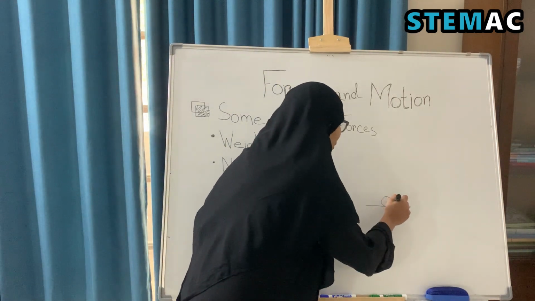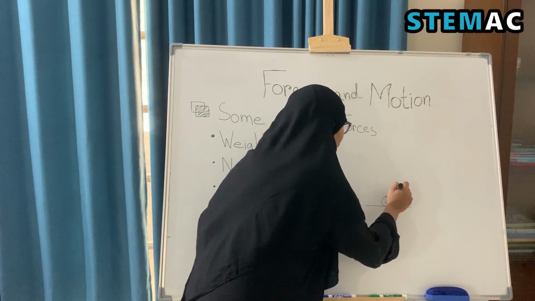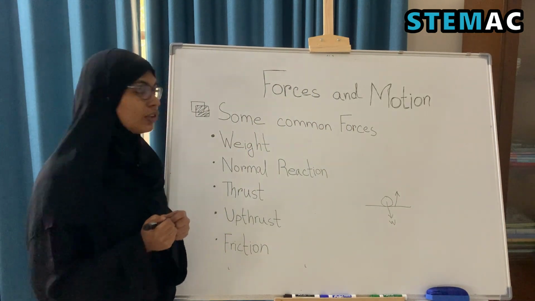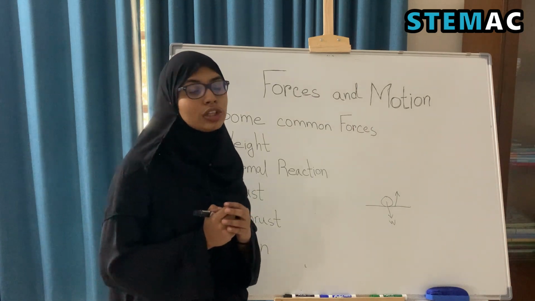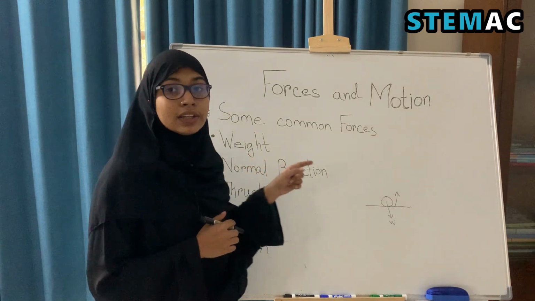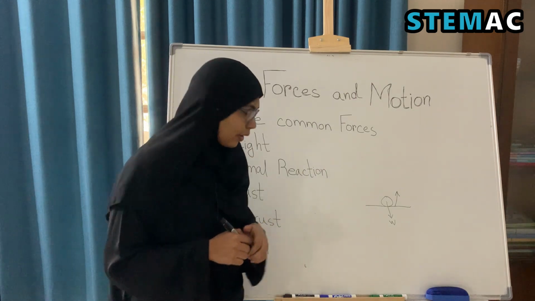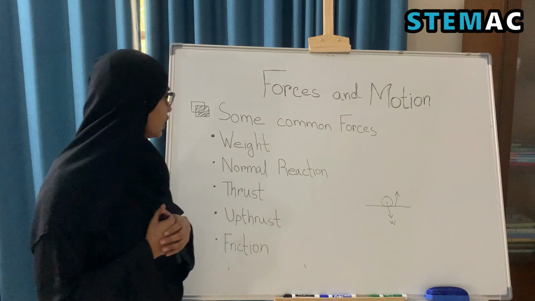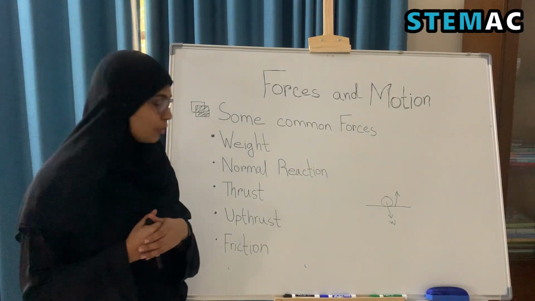There is an upward force acting on the object from the ground, and it's called the normal reaction force, also sometimes known as contact force. It's stopping the object from sinking into the ground. So that's about weight and normal reaction force.